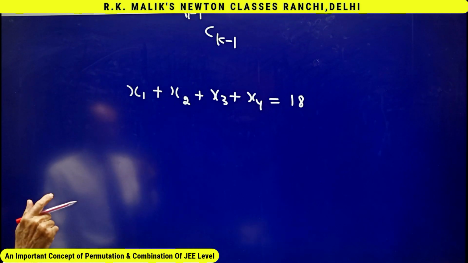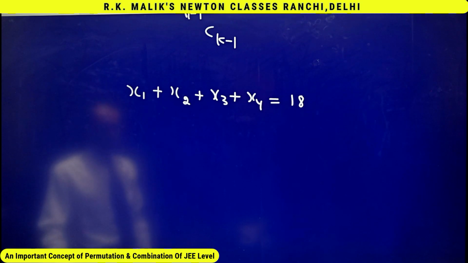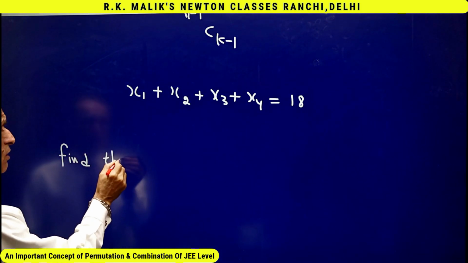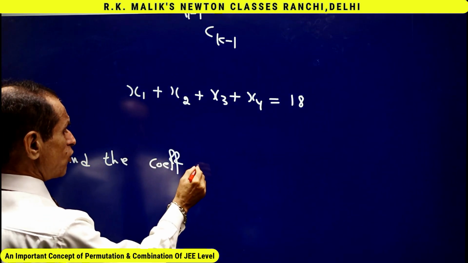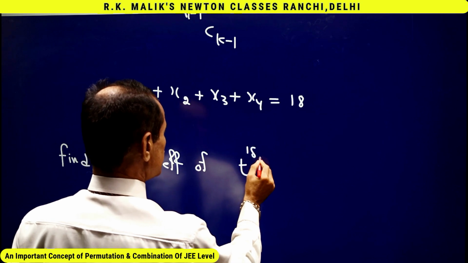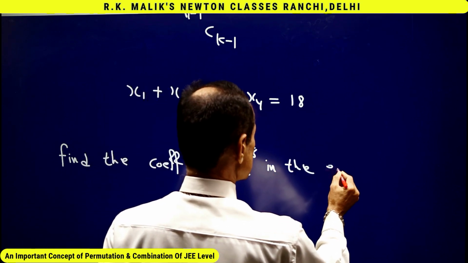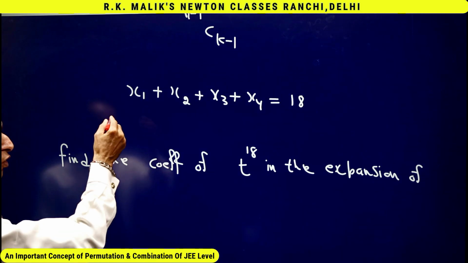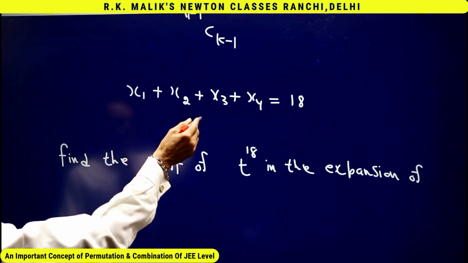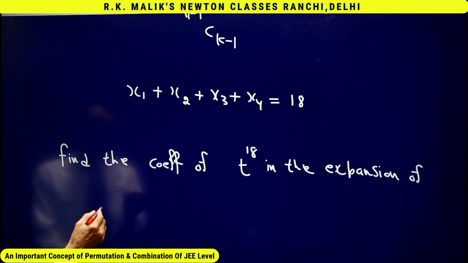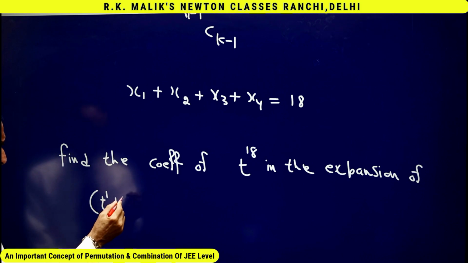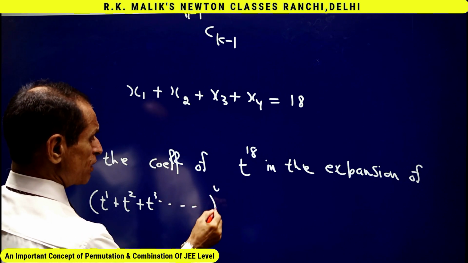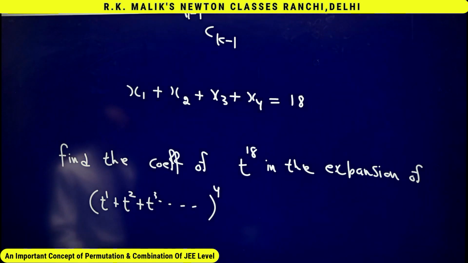Therefore, obviously, keeping in mind the theory which I told you in the very beginning, the expression will be: find the coefficient of t to the power 18 in the expansion of, because the only condition given about x1, x2, x3, x4 is that these are all natural numbers, we will be writing t to the power 1 plus t to the power 2 plus and so on, and the power will be 4 because 4 variables are there.